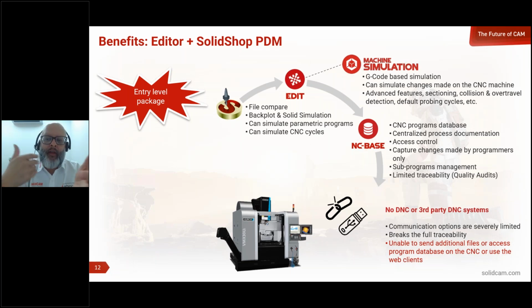We can do sectioning, we can detect collision, over travel, we can run probing cycles and all that. So it's a great value without breaking the bank. You can allow the programmers and the operators to see changes that were made in the code and how they affect the process. Then we saw editor running with NC base add-on.